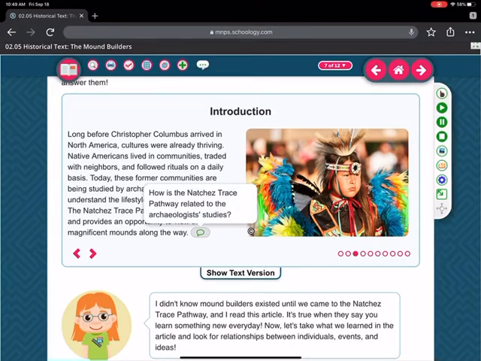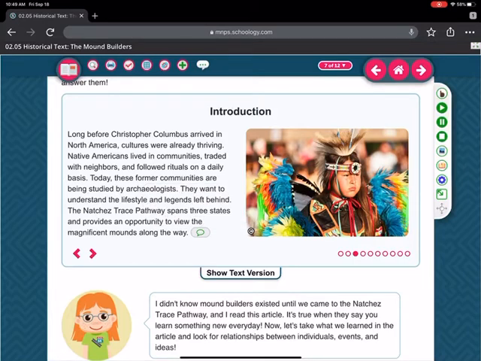How is the Natchez Trace Pathway related to the archaeologist's studies? So take a minute and think about that. How do you think it's related? Okay, first we're going to look, is it directly stated in the text? Is it explicit? Or is it implicit? Do you have to read the text and then also think on your own about what it could be?